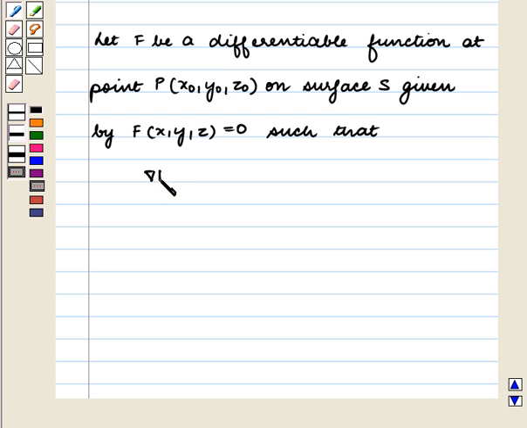gradient of F at x0, y0, z0 is not equal to 0.